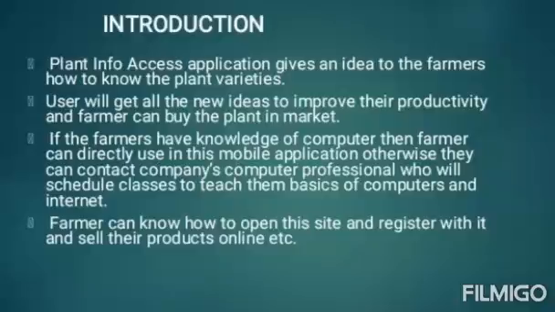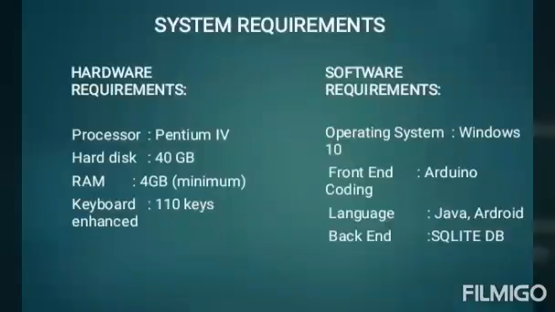Otherwise, they can contact the company's computer professional, who will schedule classes to teach them the basics of computers and the internet. Farmers can then learn how to open the website, register with it, and sell their products online.